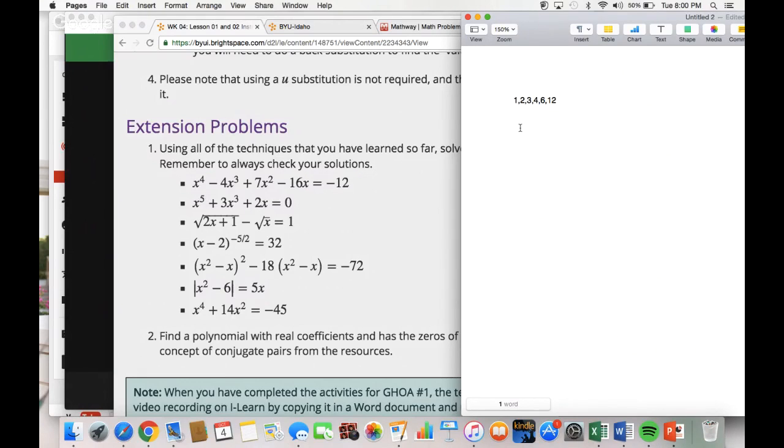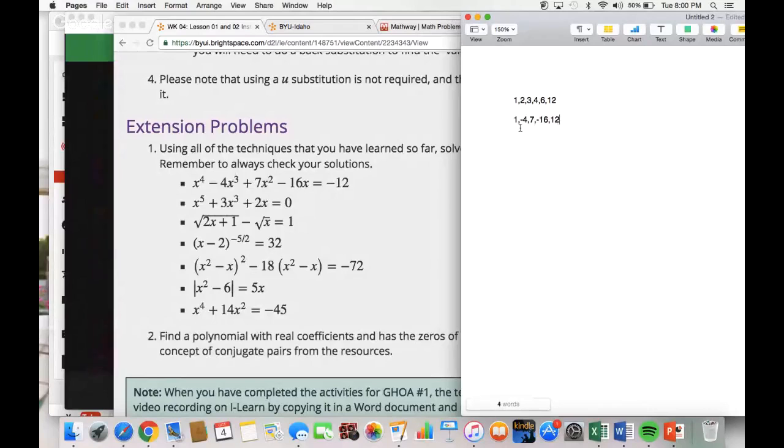And so you can plug in. You got 1, you got -4, you got 7. Do you have to just do the division, or can you just plug them in for x? I don't know. I didn't try it that way.